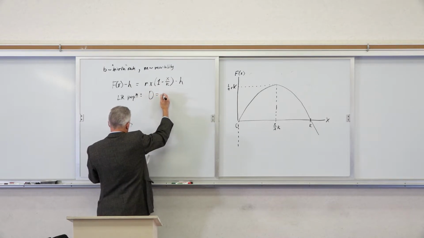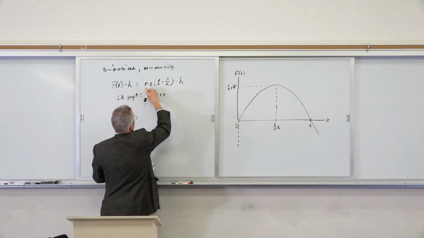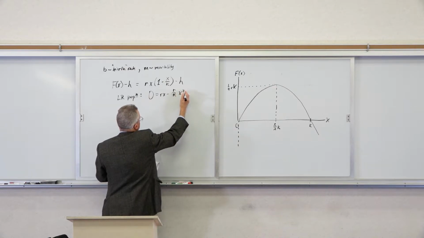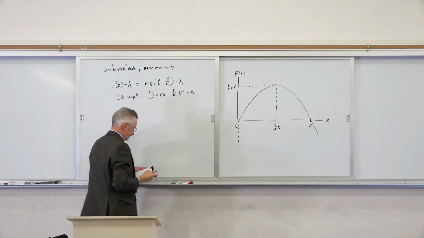So 0 is equal to Rx minus, multiplying that through, R over K x squared minus H.